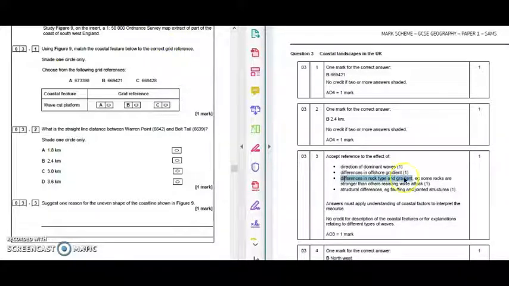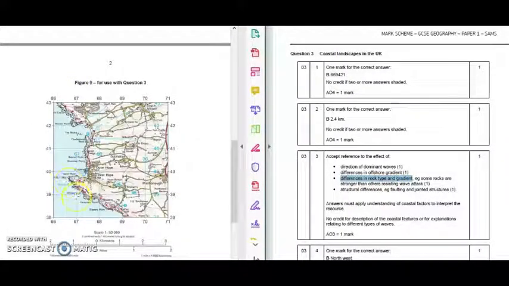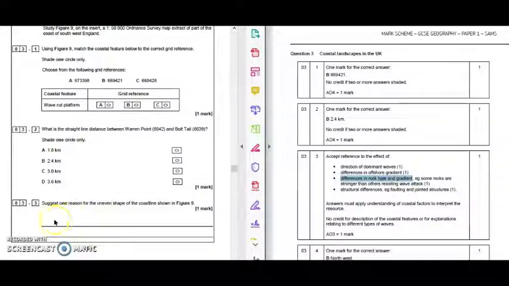So for instance, you could say there is hard rock down the bottom here around Bolt Tail, because that is where the headland is, whereas the rock just north of that is going to be softer, and we can tell that because the waves have eroded it at a quicker pace. So something to do with the geology of the rock type will be fine for the 1 mark we need.